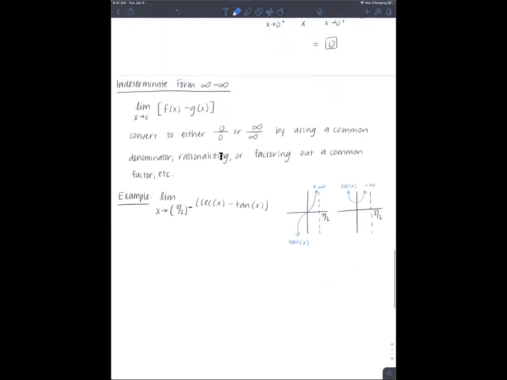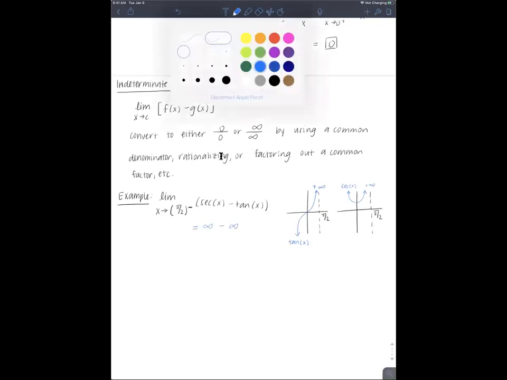And so what I have here is if I just try and plug in pi over 2 on the negative side, I'm getting infinity minus infinity. If you look at the 3 methods I gave you, using a common denominator, rationalizing, or factoring something out, which one of those do you think I'm going to use here?